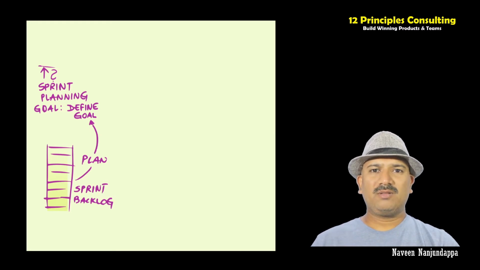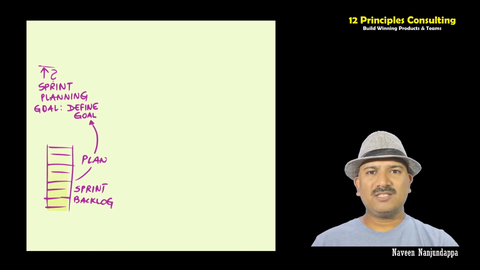Now, keeping the sprint goal in their thoughts, the developers will pull the product backlog items that meet the sprint goal into the planning. This eventually leads to the plan to reach the goal.